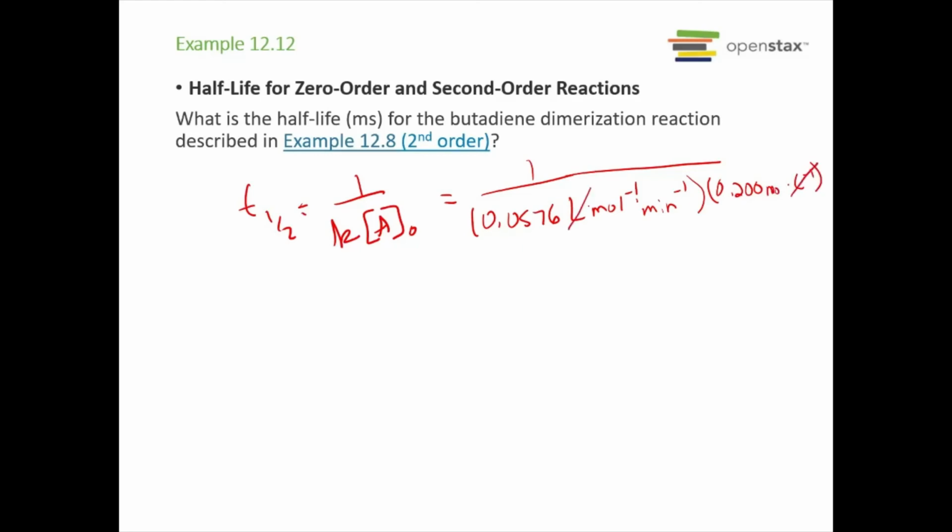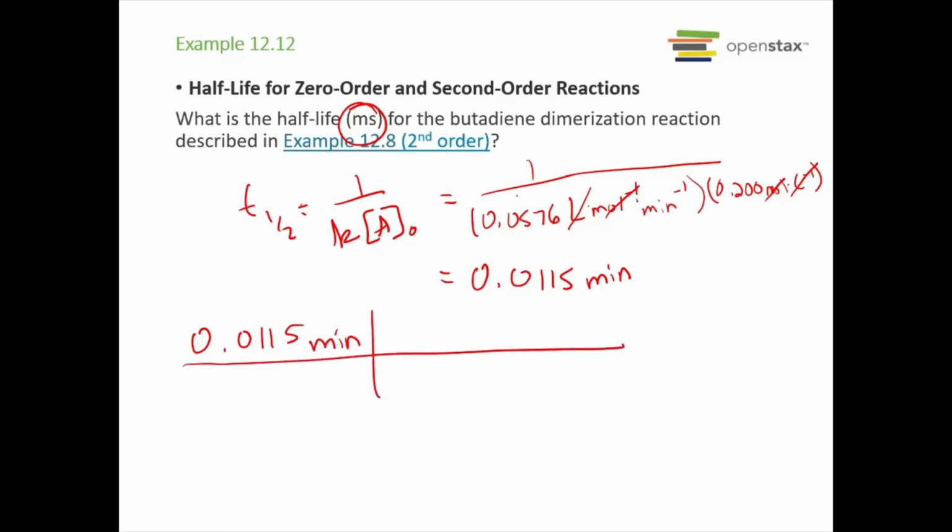So we can see our liters go away here, our moles go away, and we're left with 1 over inverse minutes, which gives us minutes. So that gives us 0.0115 minutes, but we want milliseconds. So let's do some conversions. 0.0115 minutes.